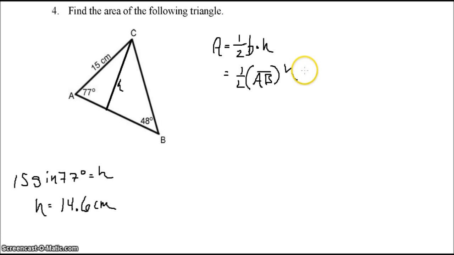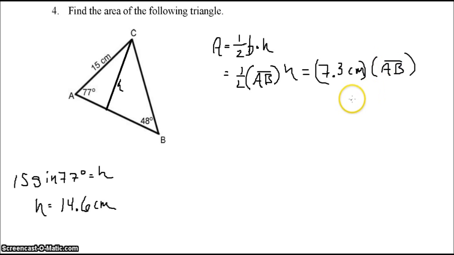So h is 14.6 centimeters. That means I've almost got my area. It's 1/2 times AB times 14.6, so 7.3 centimeters times the length of AB should give me my area.